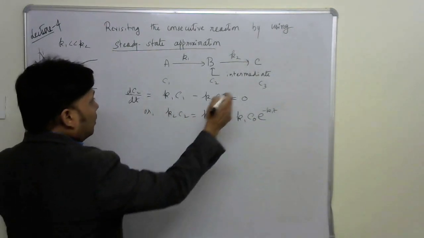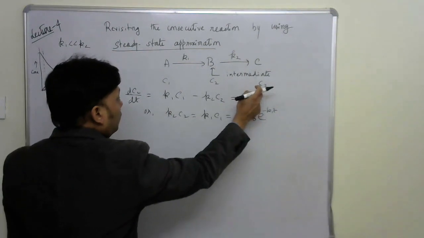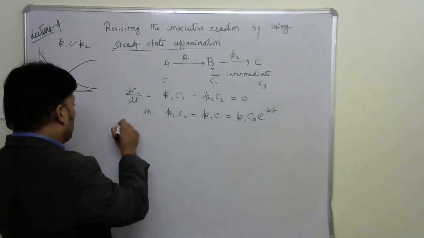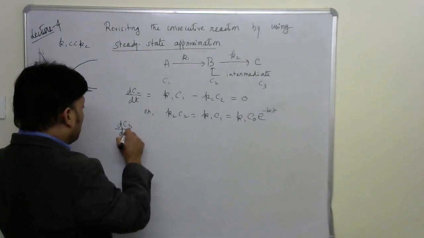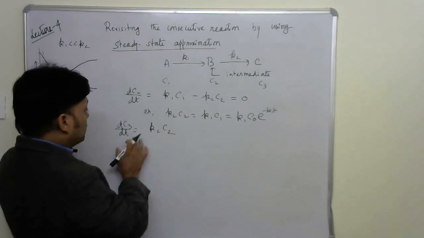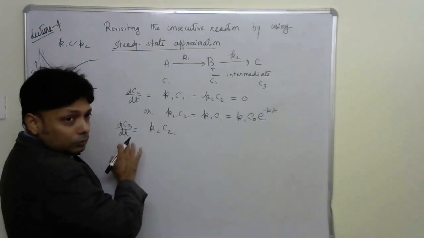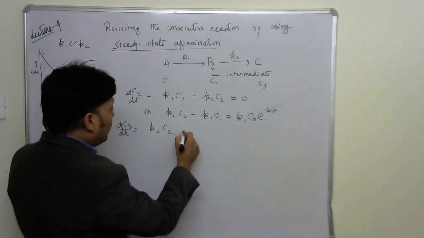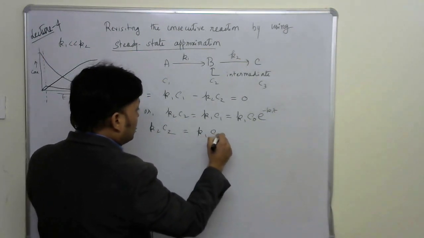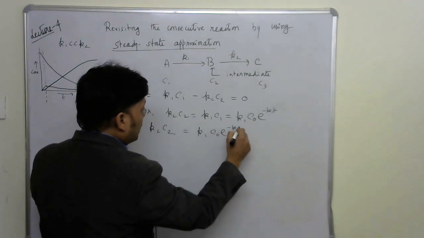So therefore, if we are interested in the integrated rate law of C3 under steady state approximation, we can start from dC3/dt. So dC3/dt is nothing but K2C2, because this is the only way we can form C3. So therefore, we can immediately write K2C2 is equal to K1 C0 e to the power minus K1t.